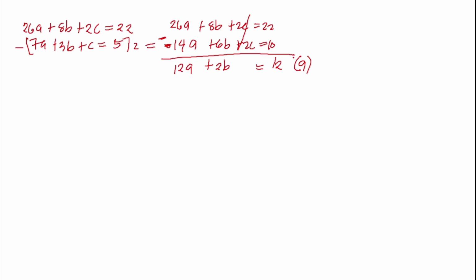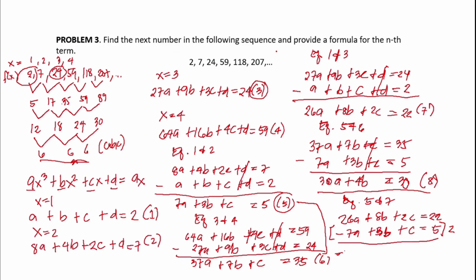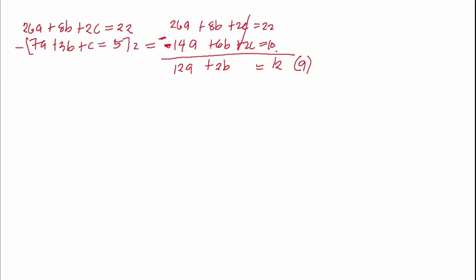Okay, so next we have equation number 9 and equation number 8. So we'll combine in order for us to get the value for A or B. So in 8 and 9, we have 30a plus 4b is equal to 30 minus 12a plus 2b is equal to 12.